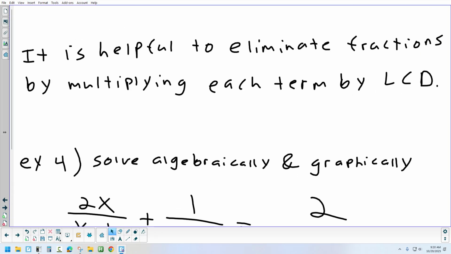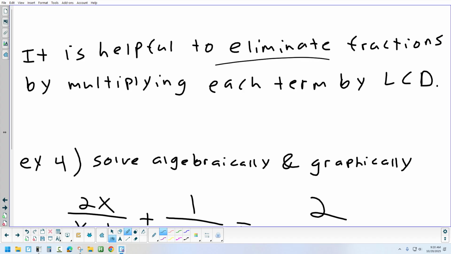And the reason we're going to be multiplying by a variable is because we are trying to eliminate the fractions. We're going to try to turn this into a problem that does not have any fractions in it. And the way you do it is you multiply by the LCD, least common denominator.